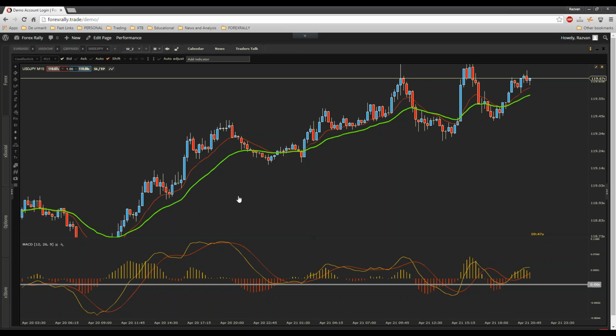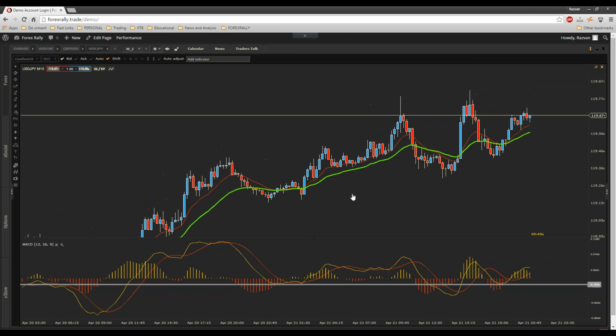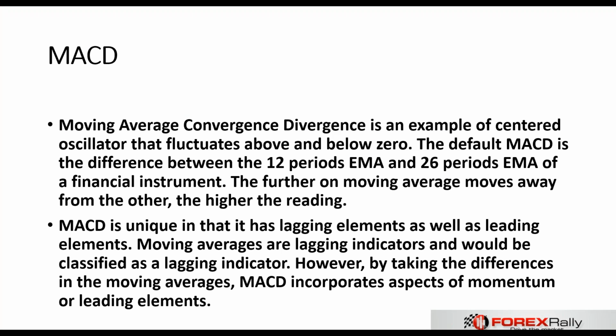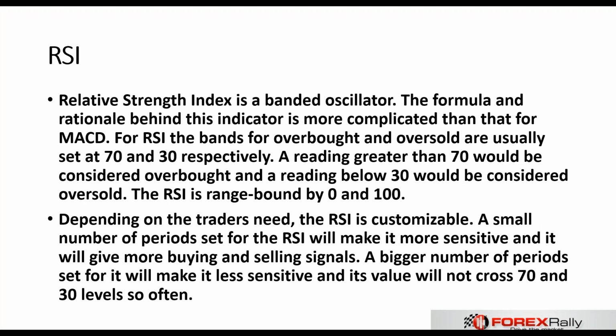Now, because we have only 10 minutes left, I would like to show you the last indicator of this webinar, which is the RSI. The RSI is one of my favorite oscillators. I know lots of things about RSI. I've traded with RSI. I've combined RSI with different trading instruments, or just used it by itself in my trading career.